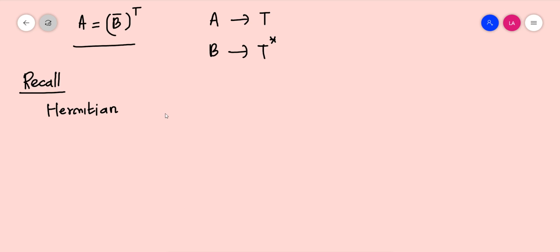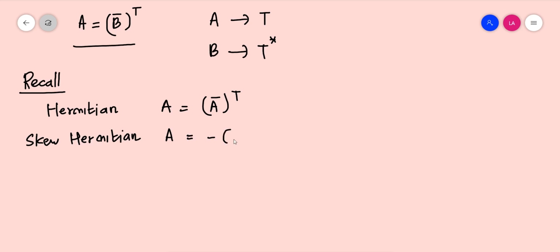A matrix A is called Hermitian if A is equal to A conjugate transpose. And it is said to be skew Hermitian if A is equal to minus A conjugate transpose.